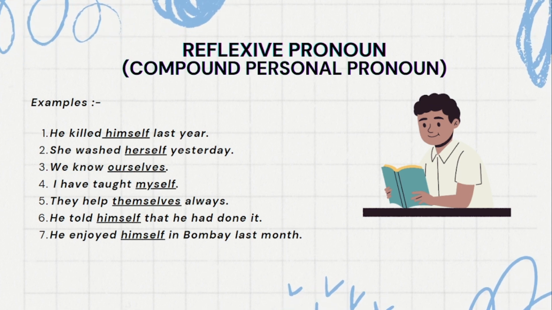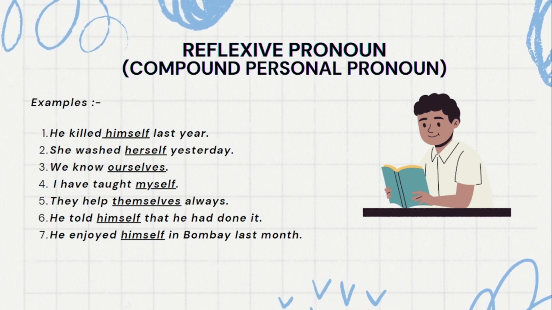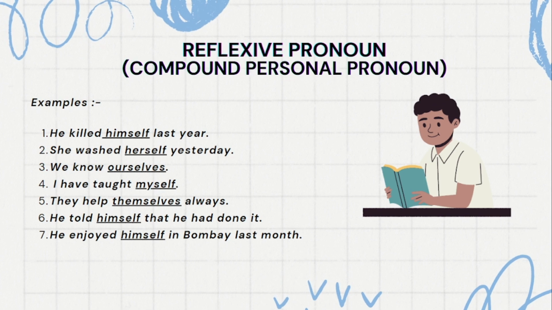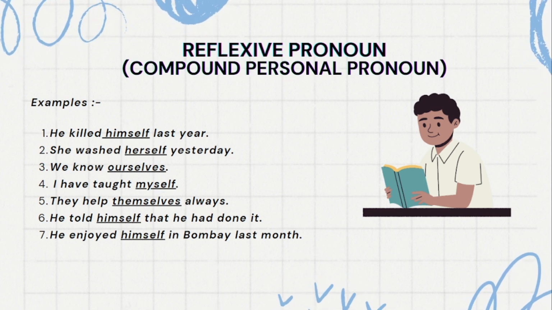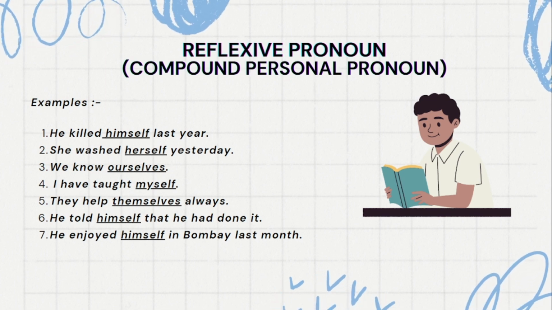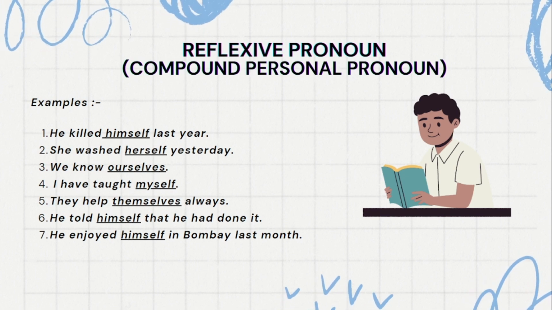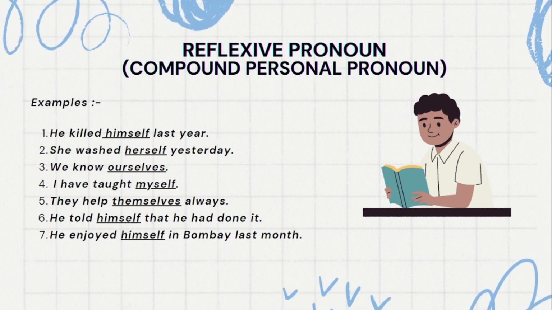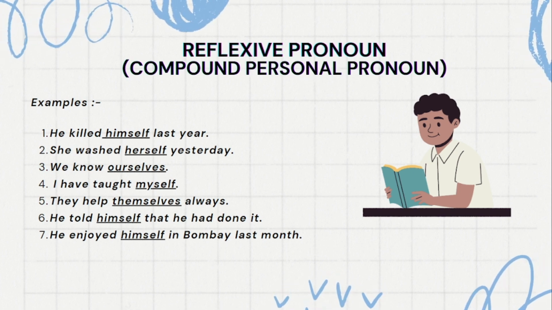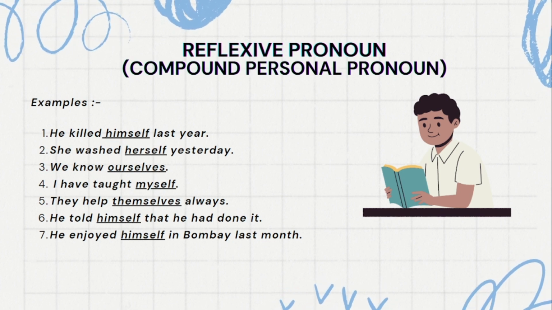Next, fifth one. They help themselves always. In this sentence, subject is they. Main verb is help. Then find out the object. Question the verb. Whom help? Answer is themselves. Themselves is object. Here, who is the doer of the action? They. Who is the receiver of the action? Themselves. The doer of the action and the receiver of the action both are the same person.